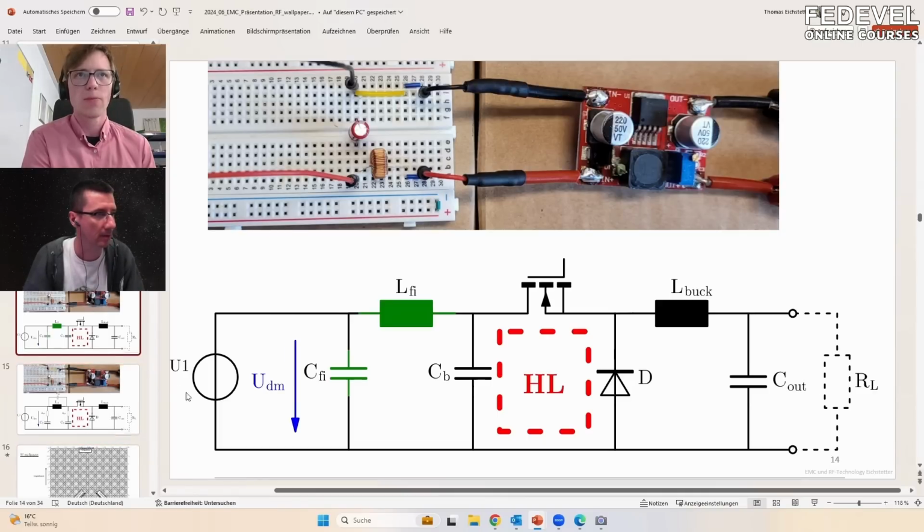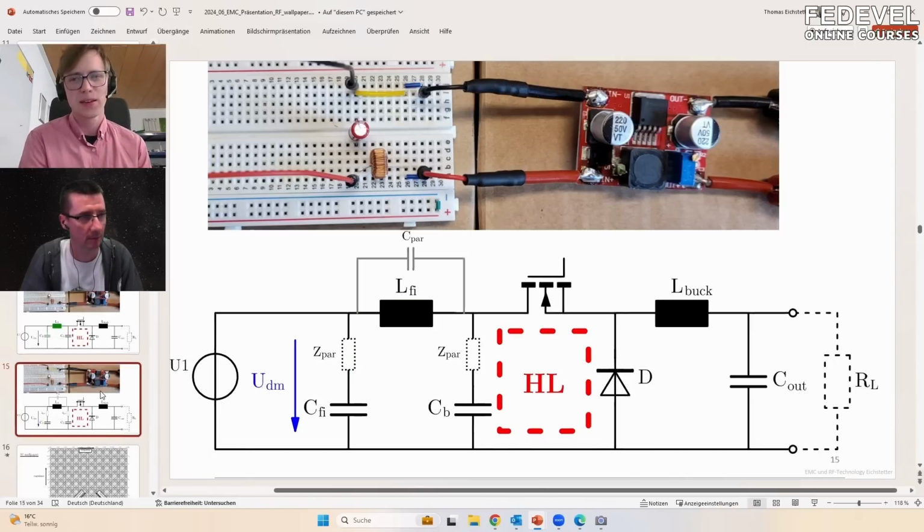But it looks very easy in the first picture, but in reality, and this is actually the main point of EMC, you always have the parasitics, which means everything which you have on the schematic is in the layout a little bit more.